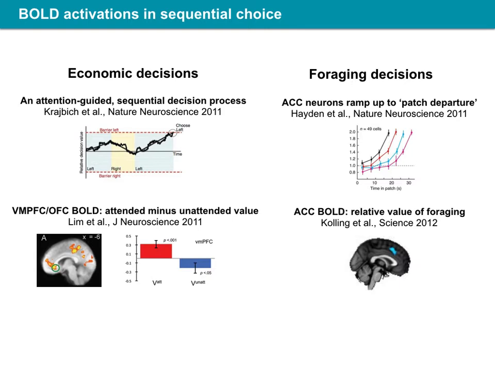So what we set out to try to do in this study was to make some recordings both in the orbital and ventral regions, which are emphasised on the left-hand side of this slide, and also from the ACC region, which is emphasised on the right-hand side of the slide, and also from a third region, dorsolateral prefrontal cortex, whilst monkeys were making a reward-based choice based upon visual attention.